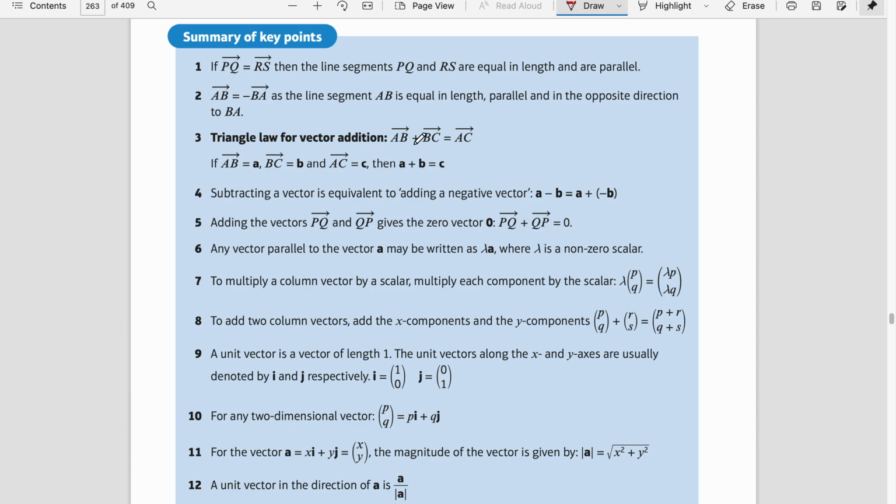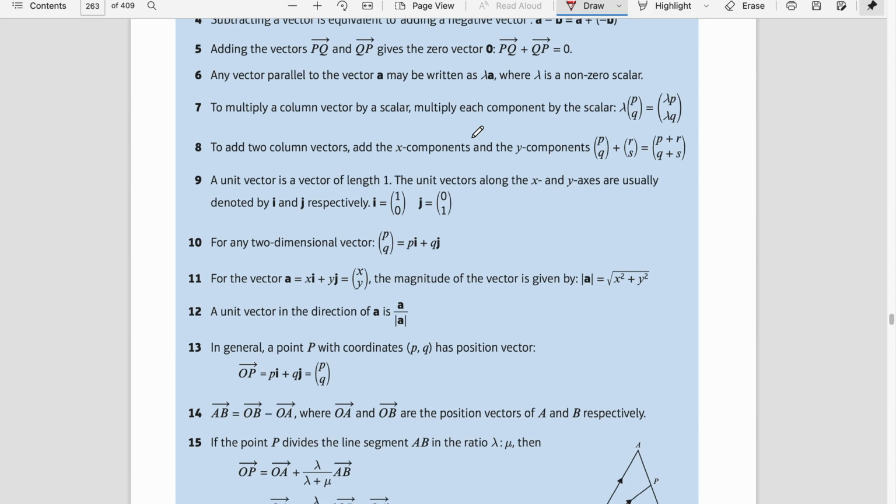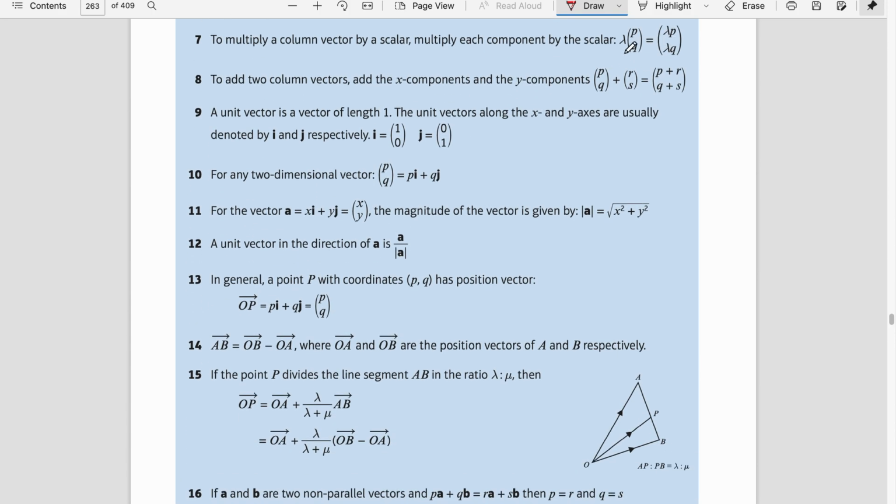Triangle law: AB plus BC is obviously equal to AC. The common point disappears and the resultant is first and last. Subtraction, addition of vectors, scalar multiple like A, 2A, 3A: it is parallel but 2 times or 3 times in size.